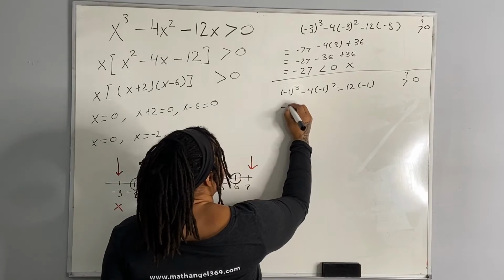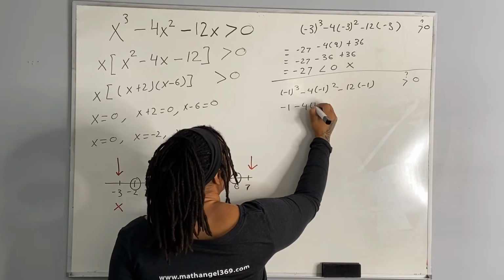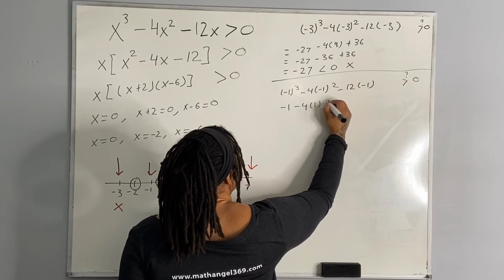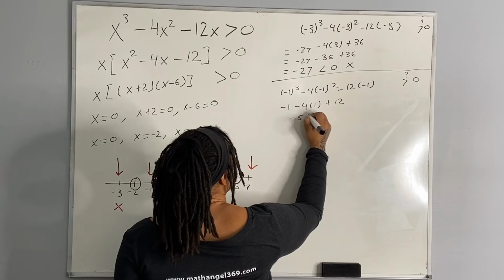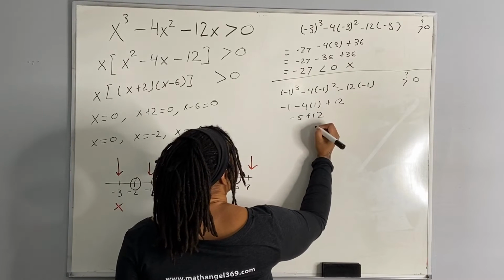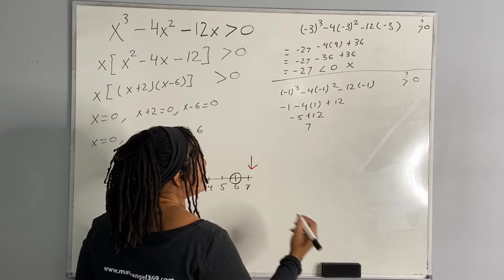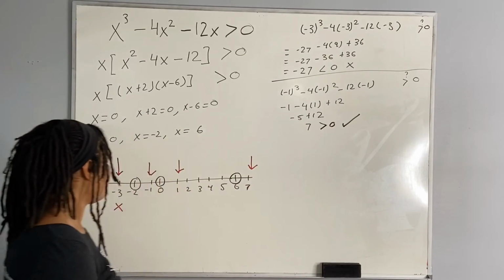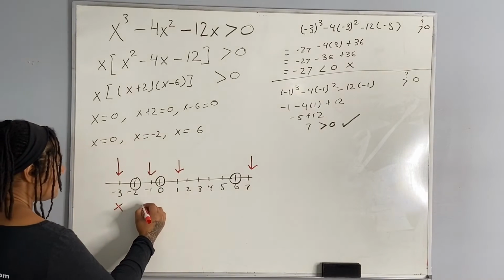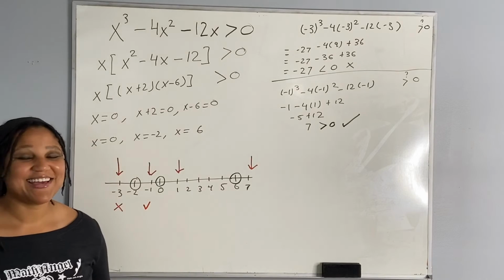So we get negative 1 minus 4 times positive 1 plus 12, which means we get negative 5 plus 12, which gives us 7. 7 is greater than 0. Check. Therefore, all the numbers between negative 2 and 0 are a solution.